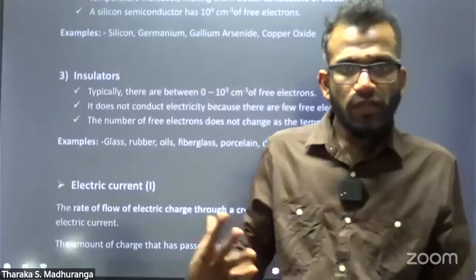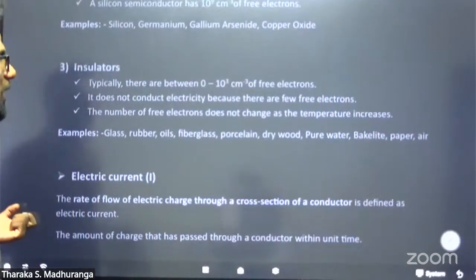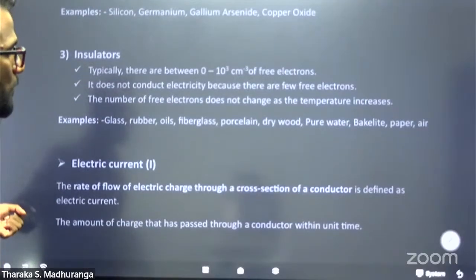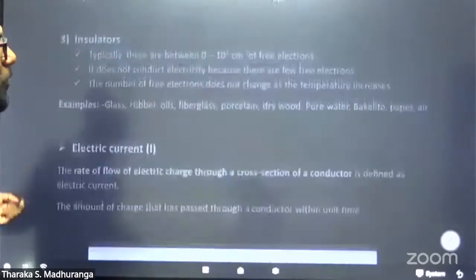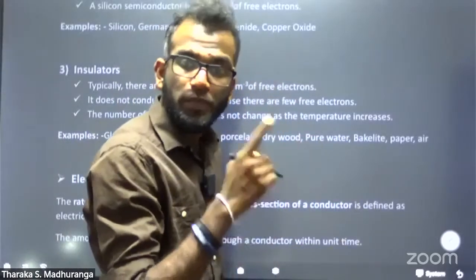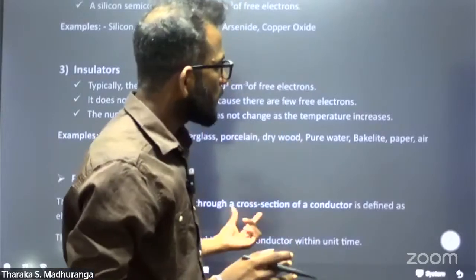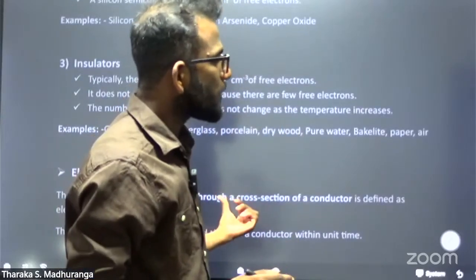Okay, understood? Then what are the examples? Glass, rubber, oil, fiberglass, dry wood, pure water, especially pure H2O, which is an insulator. And bakelite, paper, air.